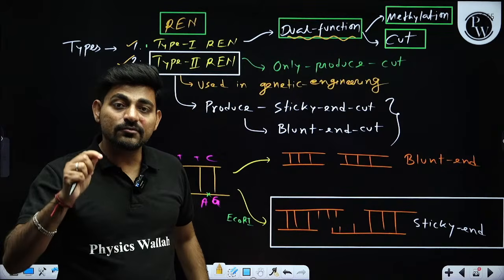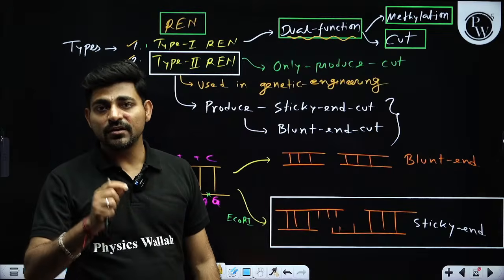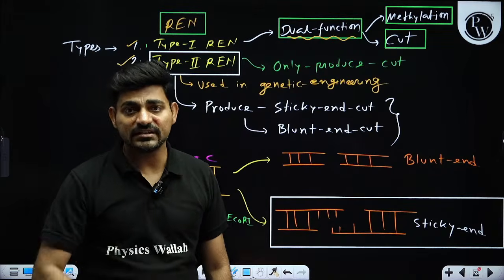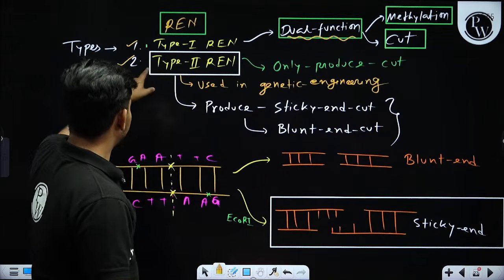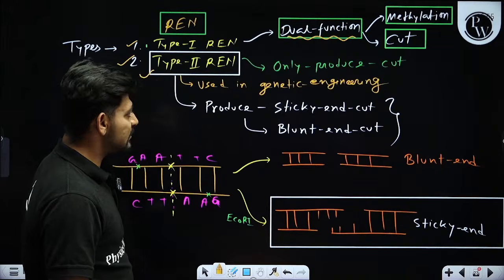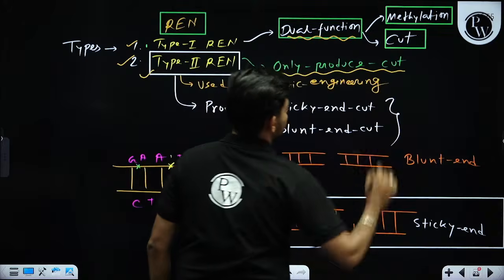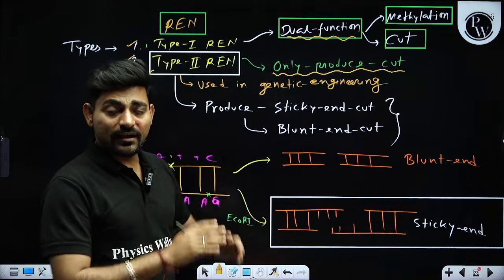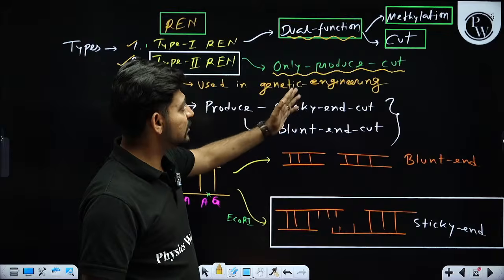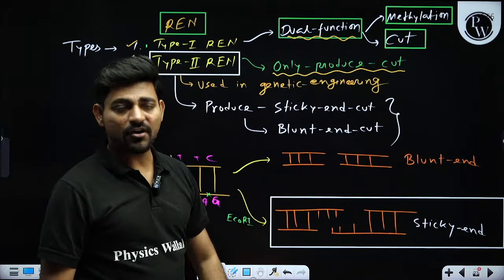But here we want someone which can perform some specialized work, and for that we have to choose type 2 restriction enzyme, because they can only produce a cut. They will not waste their energy by doing methylation of DNA.